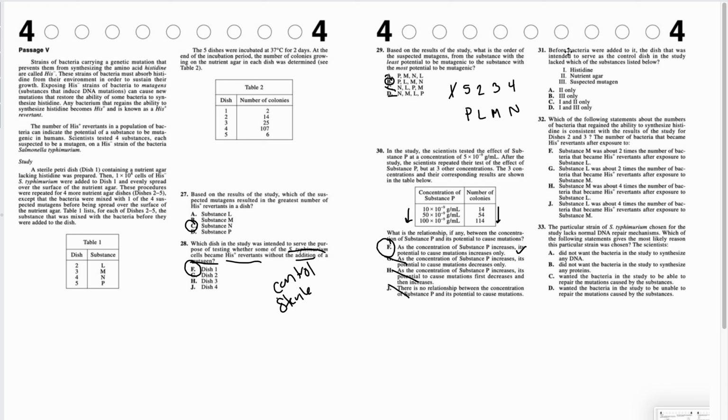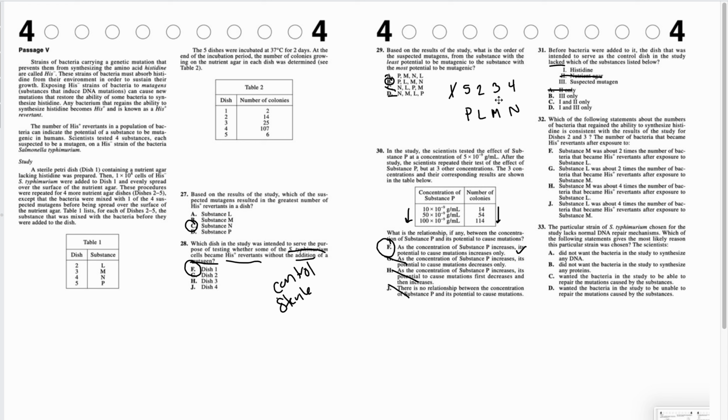Question 31. Before bacteria were added to it, the dish that was intended to serve as a control dish in the study lacked which of the following substances? Coming back over to the sterile dish, it says it contains a nutrient agar, so it did not lack a nutrient agar. So anything with 2 is gone, so A is gone and C is gone.